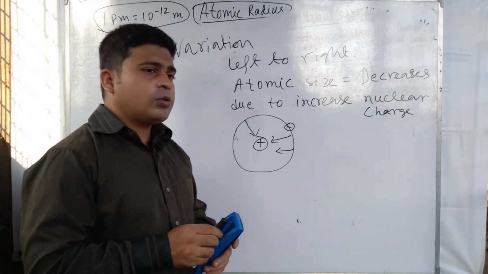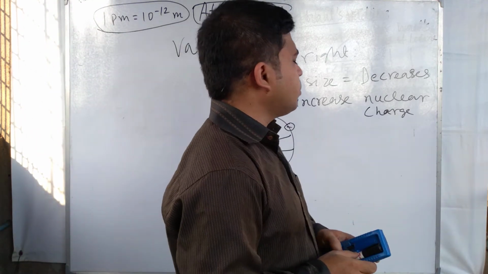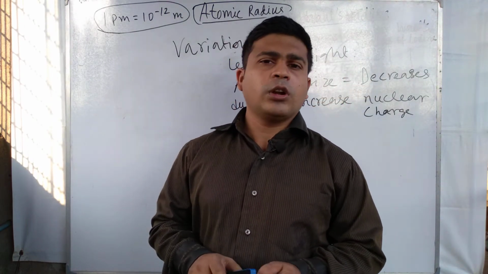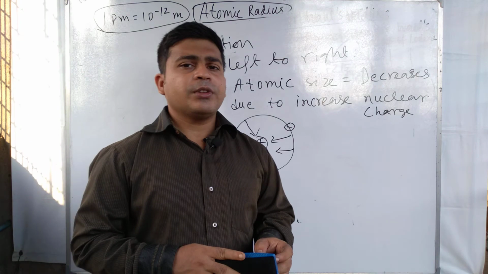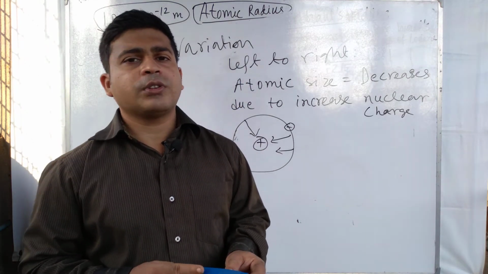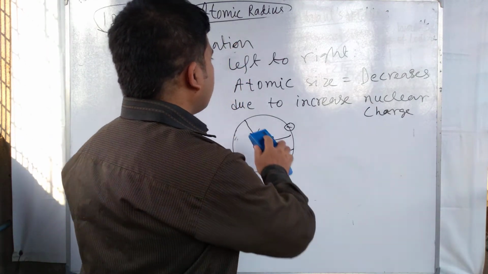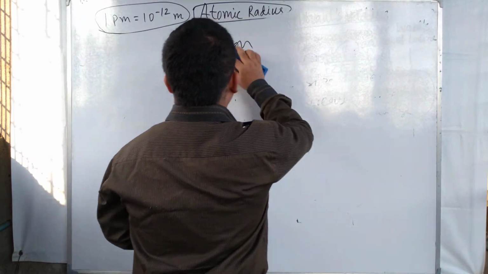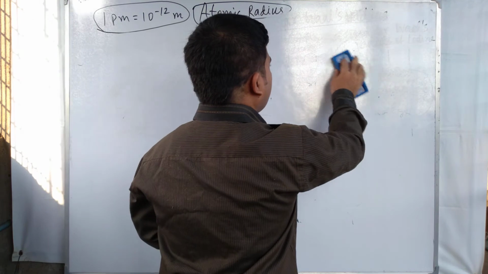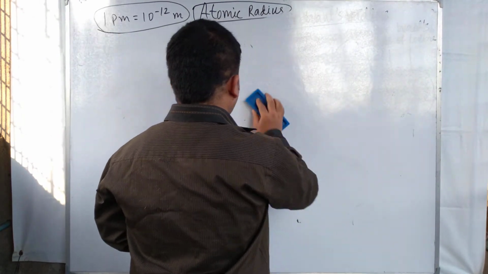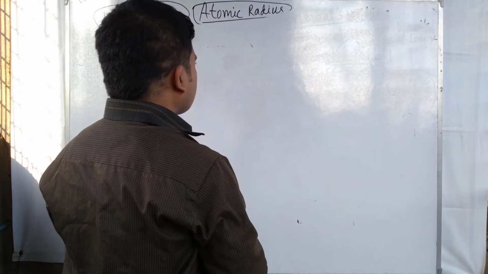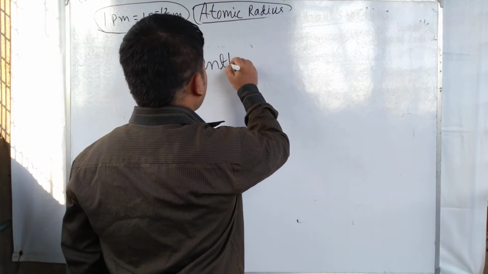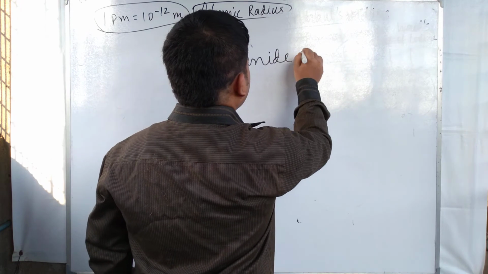So this is about the variation of atomic size from left to right and down the group. And atomic size variations also have some exceptions in the transition series or transition elements. There are some exceptions in atomic radius, like lanthanide contraction.